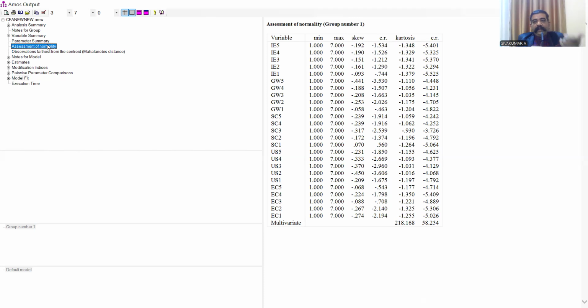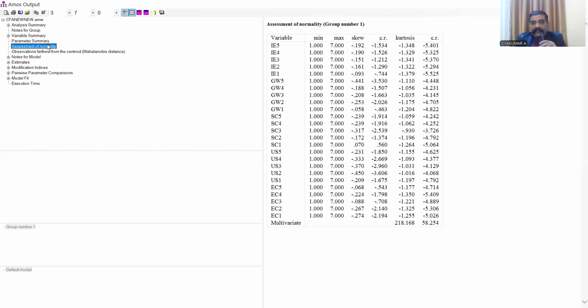That means the next type of interpretation is related with normality. You have to note two values. First value, skewness value. Second value, kurtosis value. If the skewness value and kurtosis value are good, you can assume that the distribution follows normal distribution. If the distribution follows normal distribution, you can conduct EFA, CFA, and structural equation modeling.